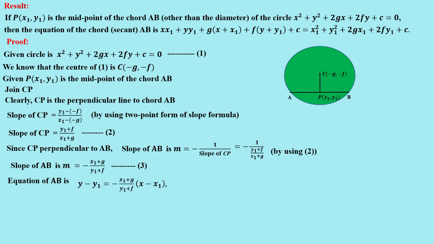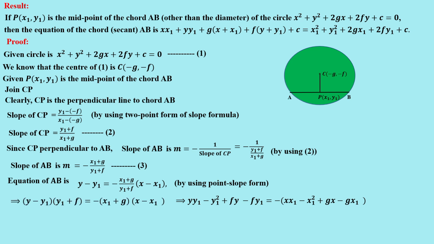Now the equation of AB, we are using the point-slope form: y - y1 = m(x - x1). So y - y1 = -(x1 + g)/(y1 + f) into (x - x1). Just doing the cross multiplication, (y - y1)(y1 + f) = -(x1 + g)(x - x1).